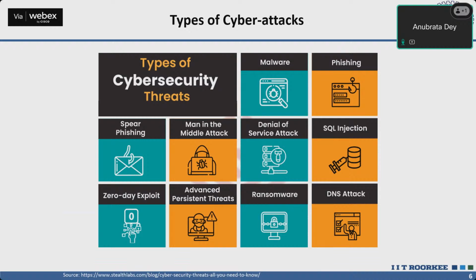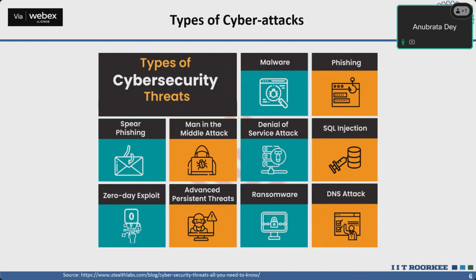But overall, we can have attacks like malware, phishing, spear phishing, man in the middle attack, denial of service attack, special types of attack like SQL, structured query language, attack, zero-day exploit attack, advanced persistent threat type of attack, and attacks like ransomware or DNS attacks.